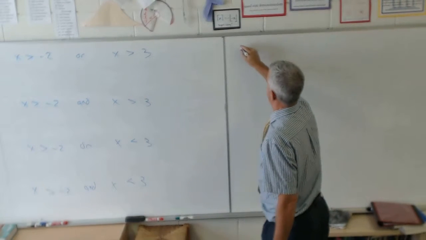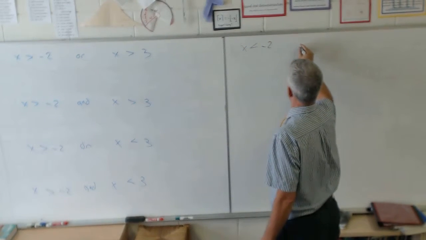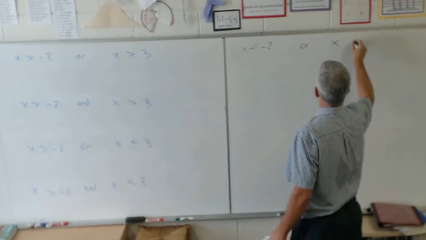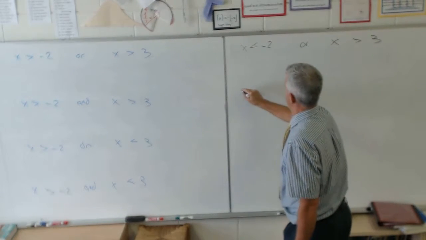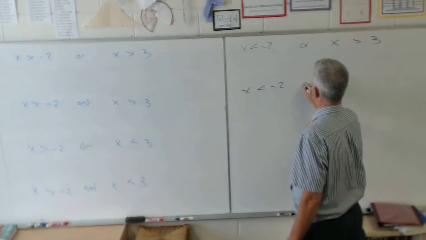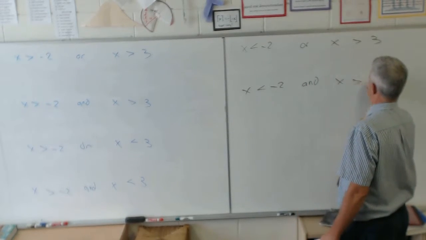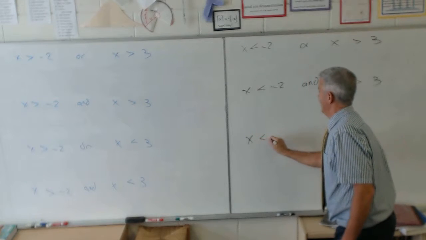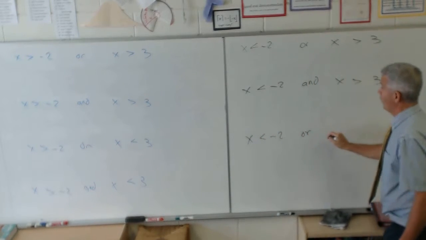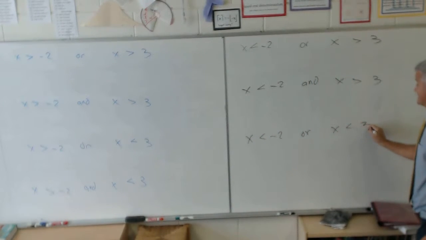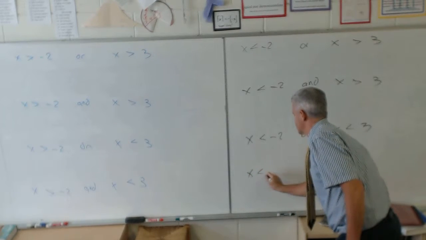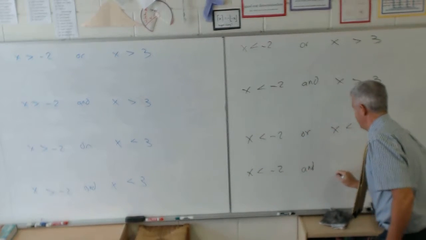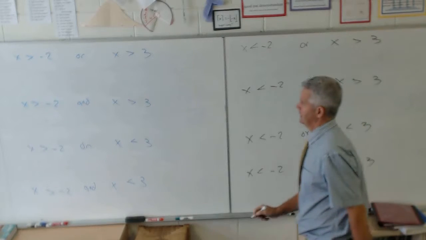Let's go now with x is less than -2, or x is greater than 3. X is less than -2, and x is greater than 3. What am I left with? Anyone know? X is less than -2, or x is less than 3. X is less than -2, and x is less than 3.